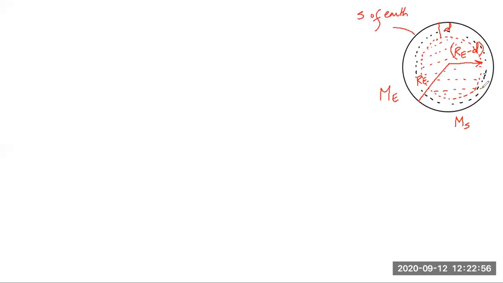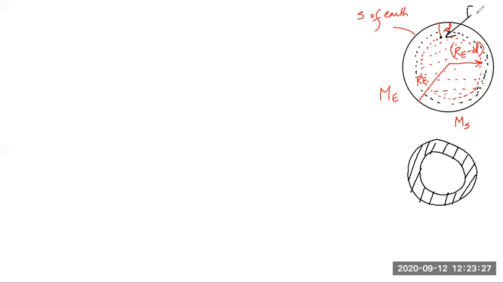There could be n number of shells. If you have a structure like this, we would not call it a sphere, rather we will call this a shell. So these shells will not exercise any force on the point P. This is my point P having mass M. So they will not exercise any force, all right?